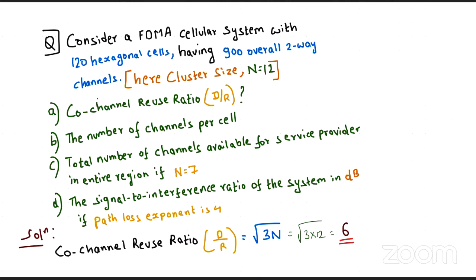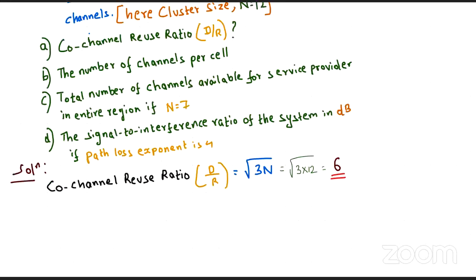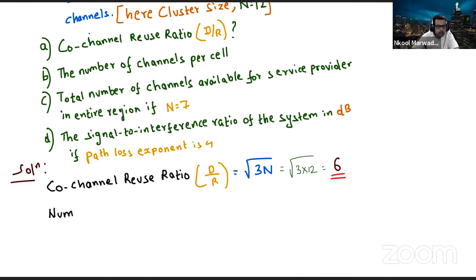Cluster means combination of cells. So here 12 cells are there. These 12 cells have different frequencies, and the 12 cells together have overall 900 channels. So per cell we can do 900 by 12. That is the right answer.